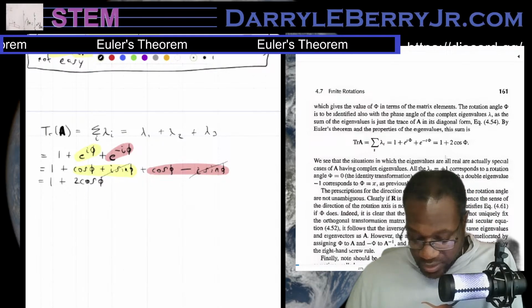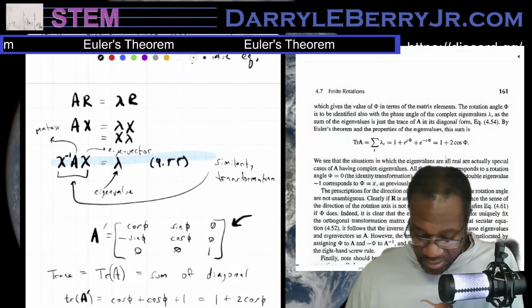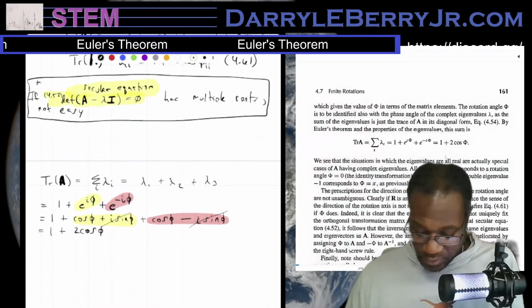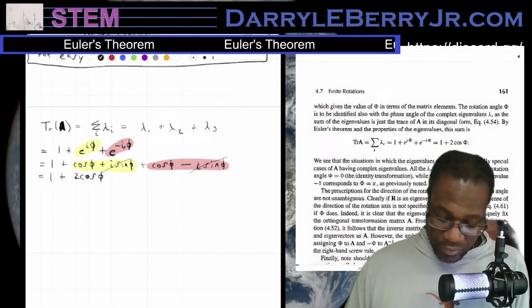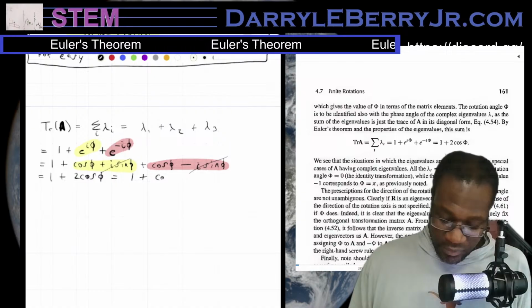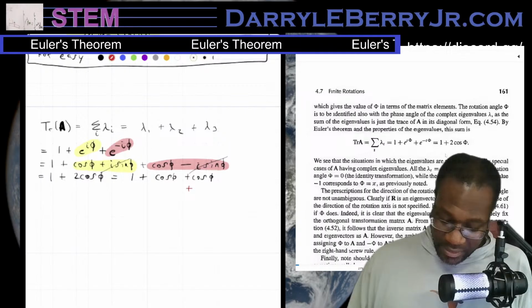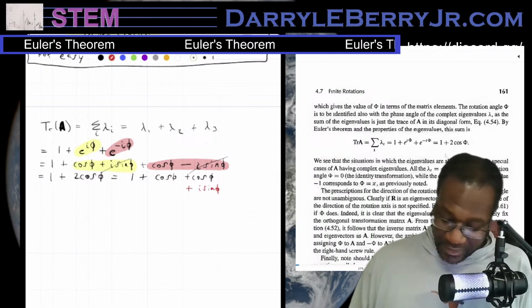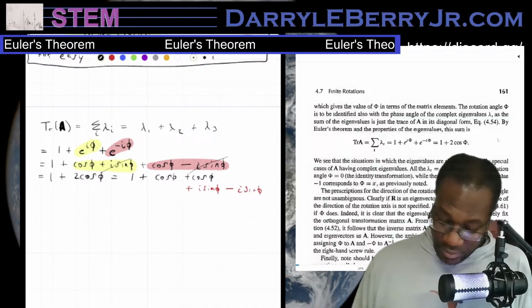Now, one thing I'm not clear about is, I guess you can do that because even though the matrix only has cosine along the diagonal, you can add 0. So the original trace is 1 plus cosine phi plus cosine phi. And you can always add i sine phi and subtract i sine phi because it's really adding nothing to it.